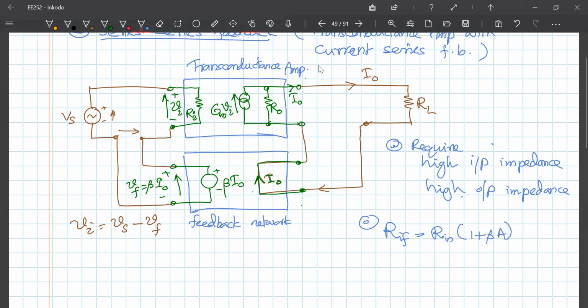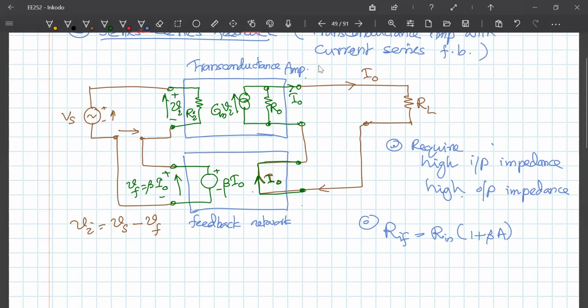So this is where we are going to stop today. We see that input impedance has increased in both these cases. These inputs are voltages, and they prefer to have high input impedances, and we achieved it through the feedback network. By connecting a feedback network, we were able to increase the input impedance. Obviously, this will reduce the voltage gain in the first case, and the transconductance gain, Gm, in the second case.